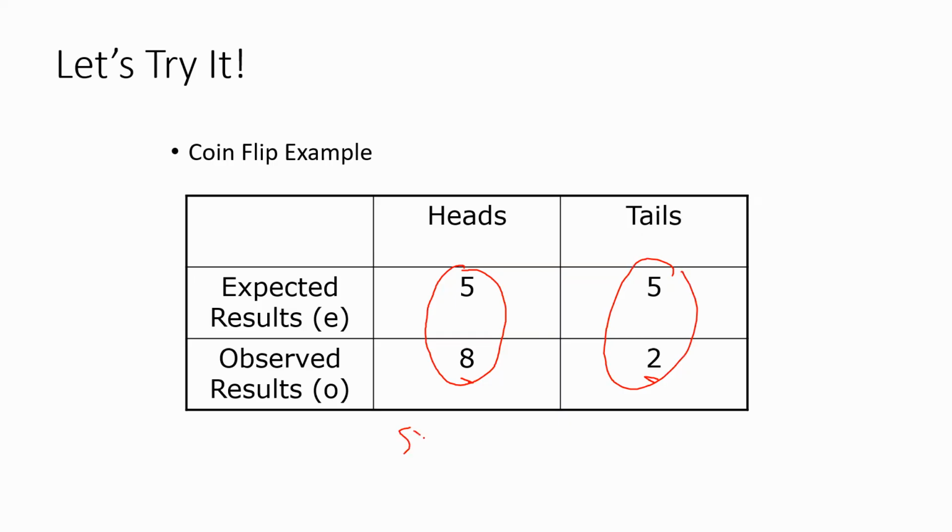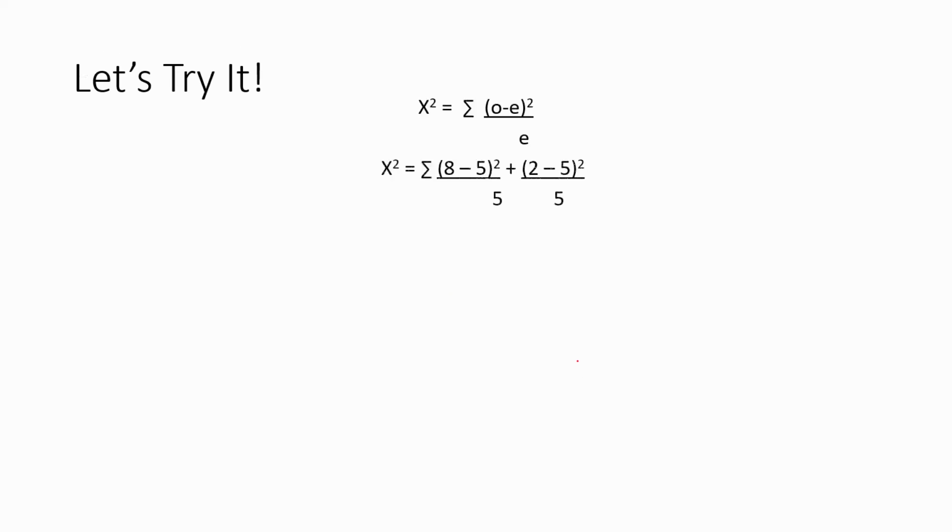So 8 minus 5, 2 minus 5, okay? So that's how we came by this. So observed minus expected squared. Now remember, when you square a number, and this doesn't make a lot of sense to me, but I'm not a math person, multiplying 2 negatives gives you a positive, which sounds completely ridiculous, but hey.